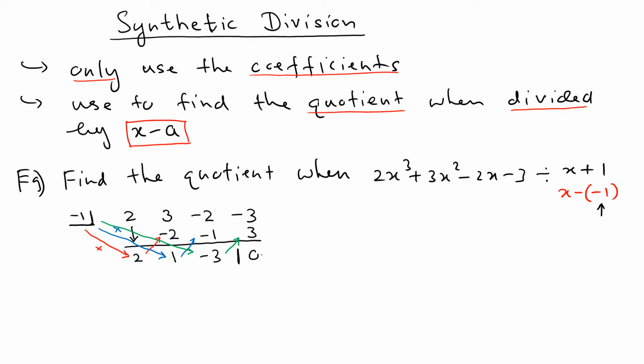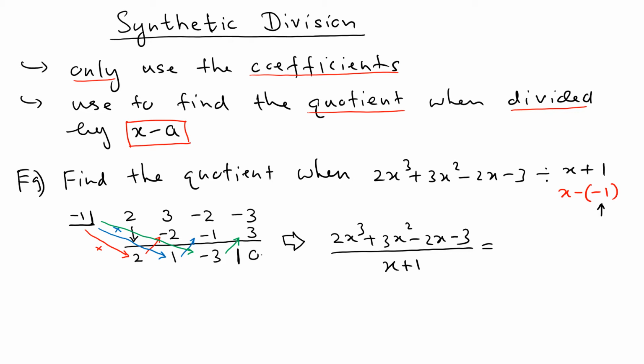So in other words, this means that when you divide 2x cubed plus 3x squared minus 2x minus 3 by x plus 1, you're going to get the quotient. How do we write the quotient?